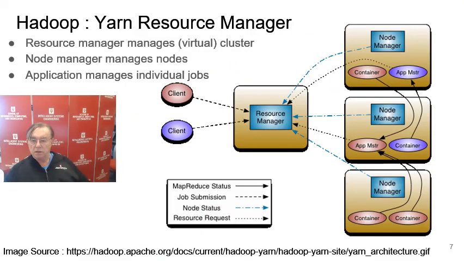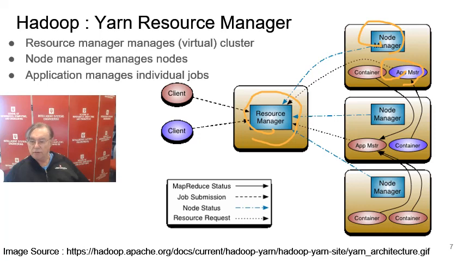So this slide describes how Yarn, the resource manager, fits with the rest of Hadoop. The clients, or several clients, can access a given resource manager. Every node has a node manager. And then we have the application master, which is specific to the application, and it manages containers on multiple nodes.